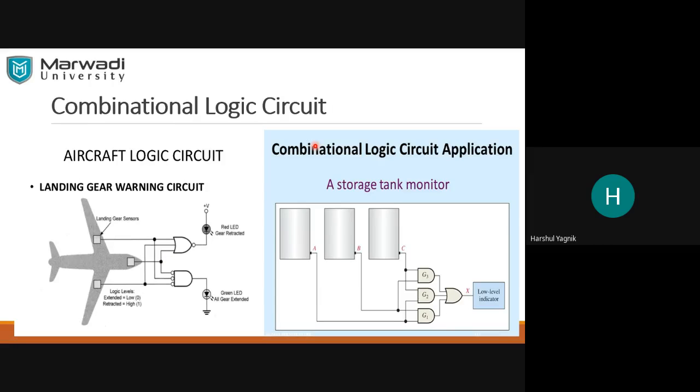Similarly, another example, let us say we have a storage tank monitor circuit, which indicates that the storage is having a low level. So over here we have deployed sensors at the bottom of the water tanks, and the sensors' outputs are fed to logic gates.